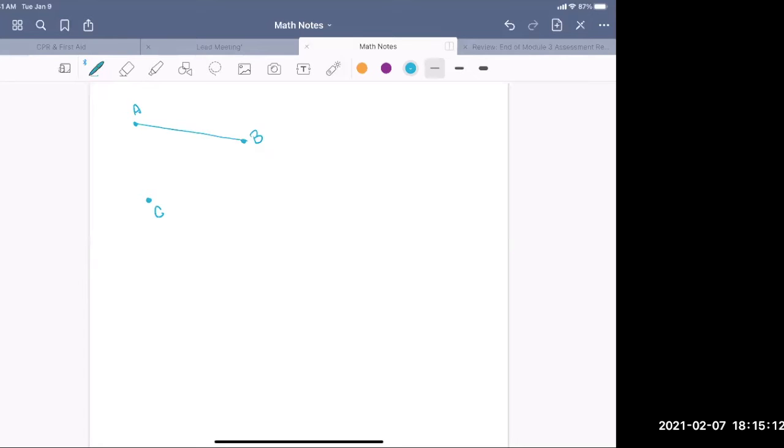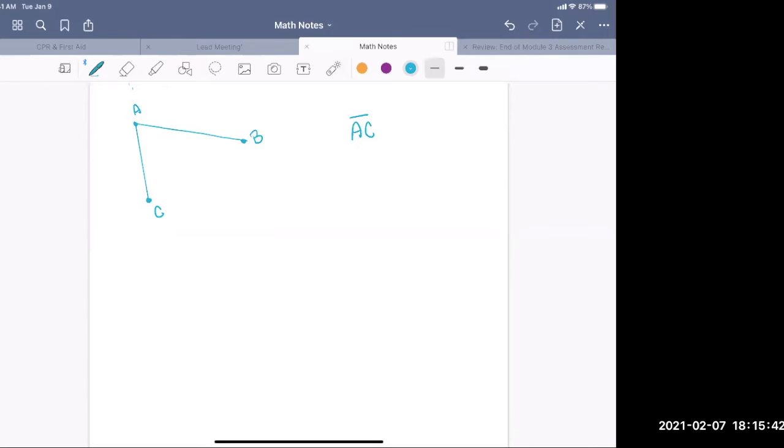Now we're going to use our straight edge to draw line segment AC. You could also make line segment AC longer and extend it past the two points.